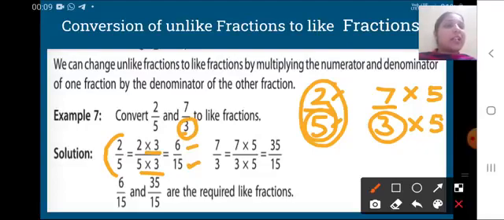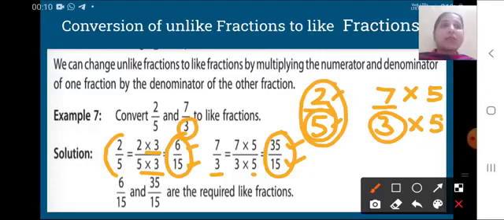So what will we get? 7 5s are 35 and 3 5s are 15. So you can see 6 upon 15 and 35 upon 15 are the required like fractions.